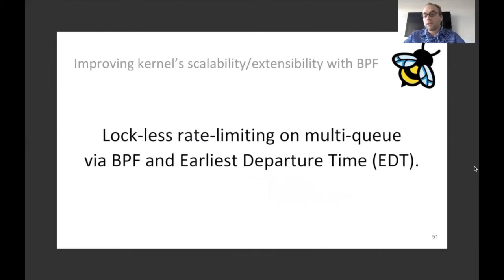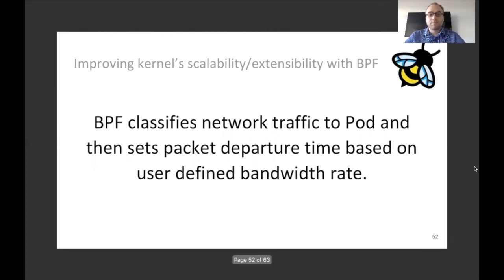Another case that is quite interesting is what BPF can help with is to implement lockless rate limiting, in particular on multi-queue devices with a concept that's called earliest departure time. In that case, the BPF program classifies the network traffic to pods or specific applications, however you want to classify it, and then it sets a packet departure time based on a bandwidth rate that the user defined.